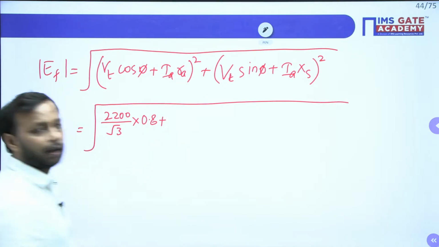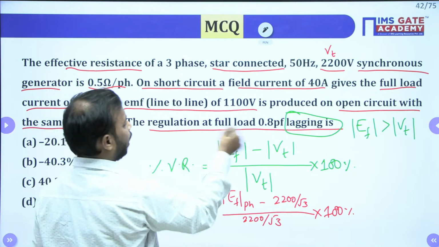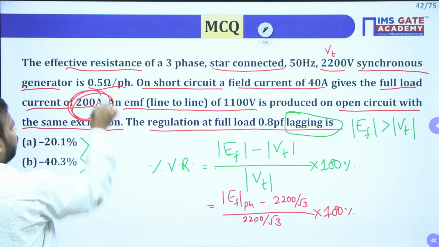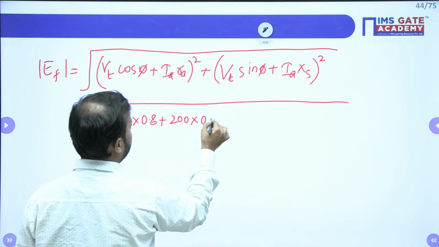IA, we need to calculate the voltage regulation at full load, so the full load current we have already calculated as 200. RA is 0.5.